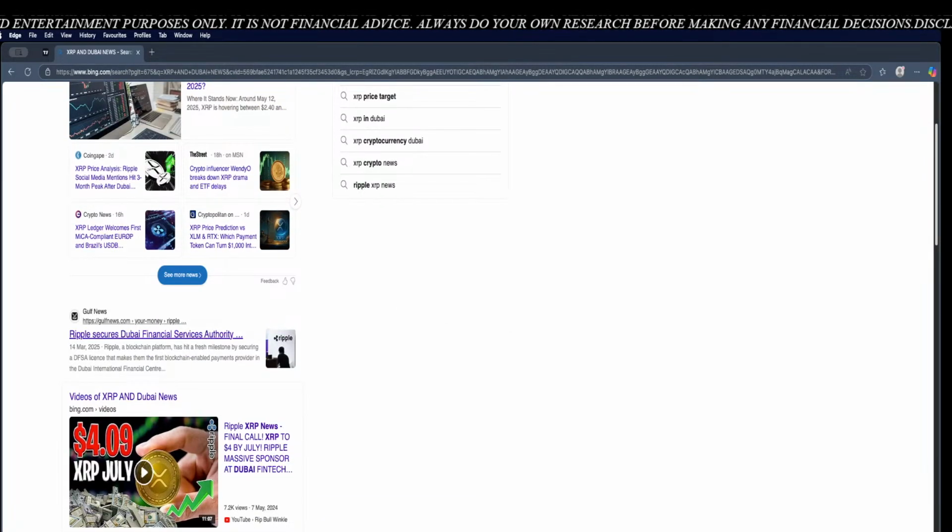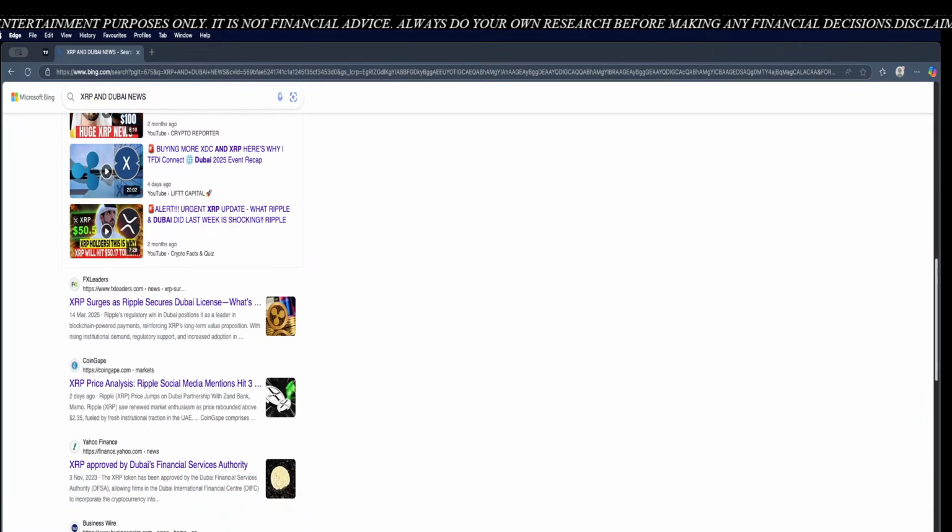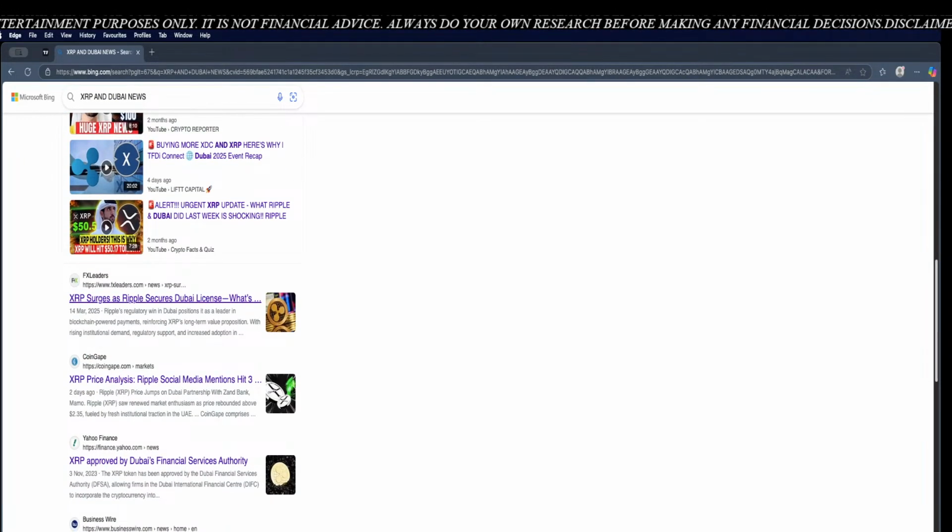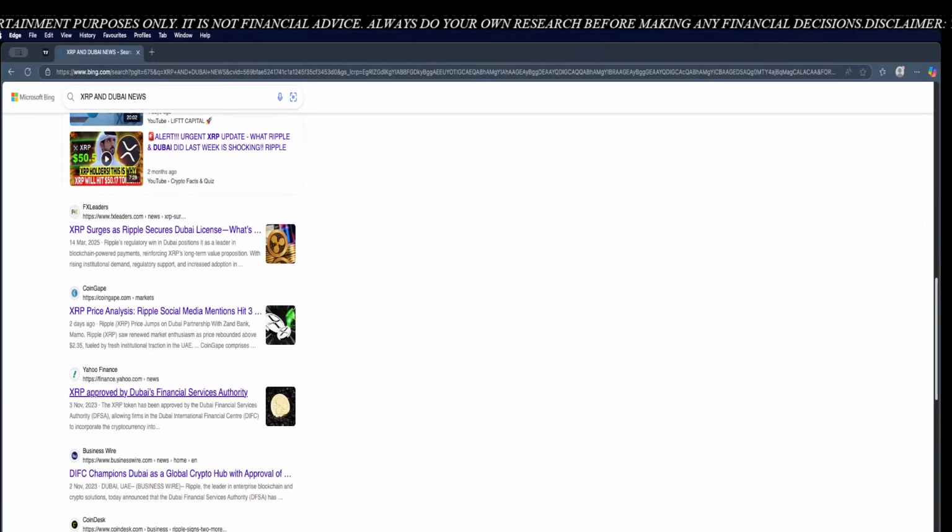Ripple secures Dubai Financial Services Authority. Yeah, Dubai license. Allowing firms in Dubai International Financial Center to incorporate the cryptocurrency.